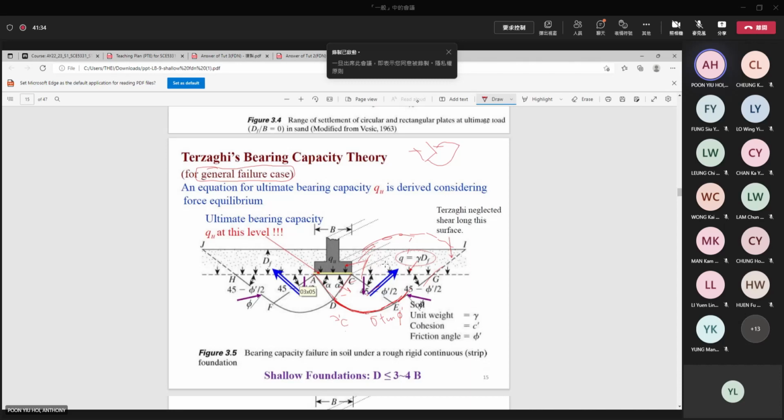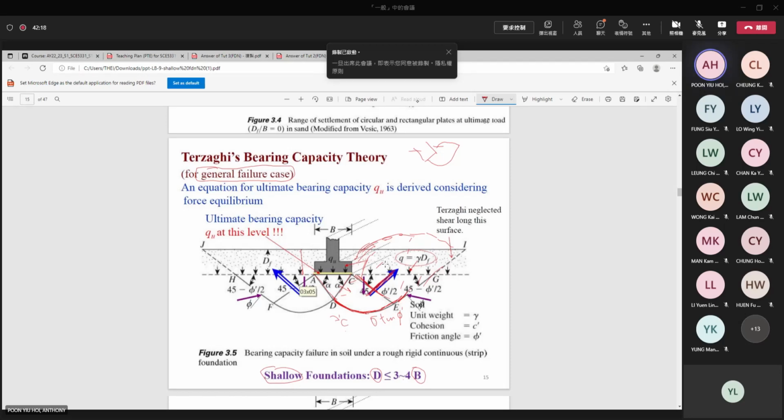And then on top of that, to fail this foundation, it is necessary to push this soil up. So it is similar to pushing a soil upward. And the definition of a shallow foundation is that the depth should be less than 3 to 4 times the width.